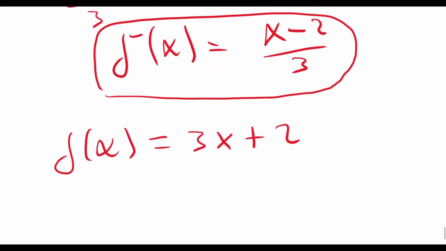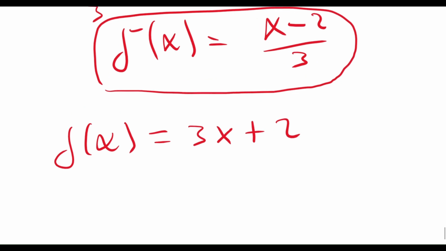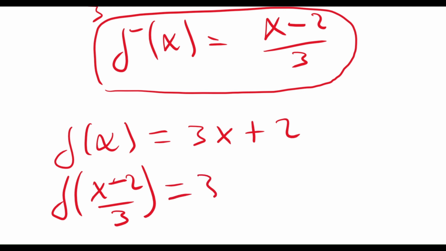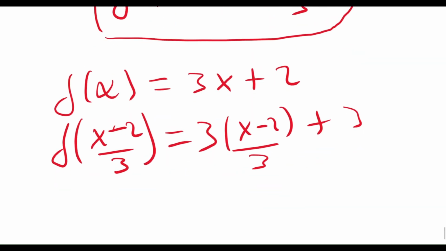So now we can substitute this value here as the input. x minus 2 over 3 is equal to 3 times x minus 2 over 3 plus 2.